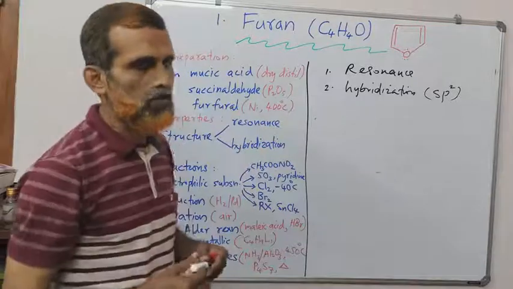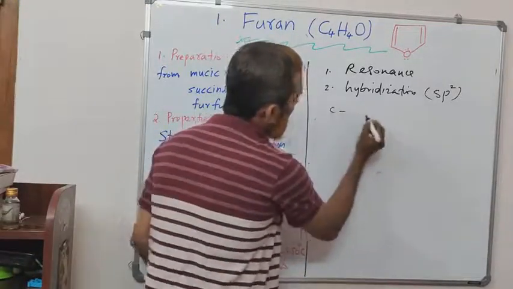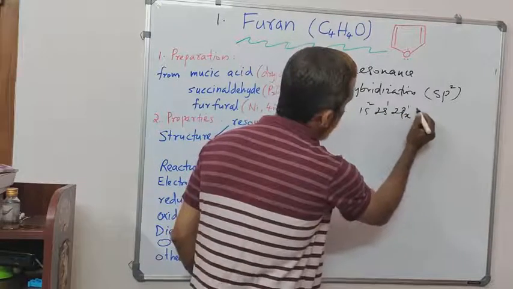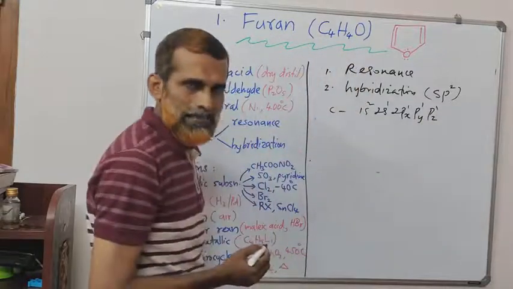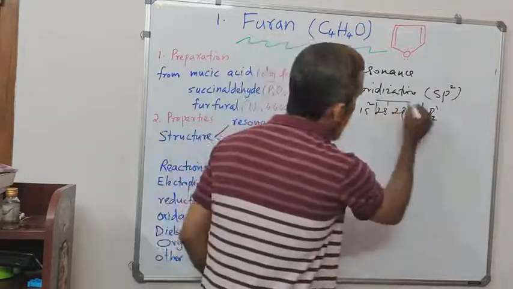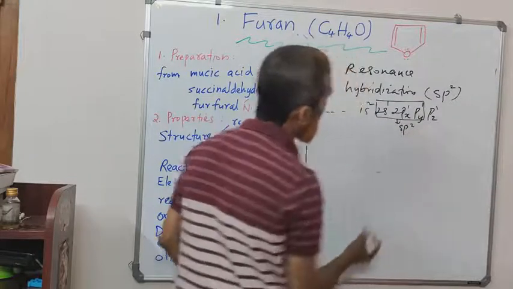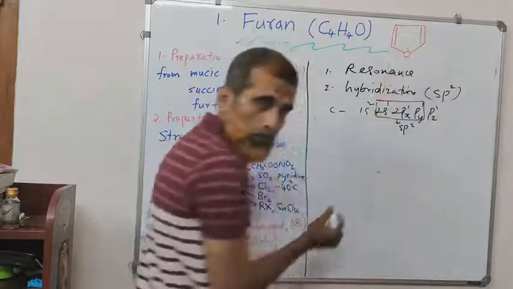So that's very simple to understand. Let us explain now. So, carbon, we know 1s2, 2s1, 2px1, py1, pz1. That is the excited state configuration, and this is how they mix up for sp2 hybridization. So all 4 carbon atoms here are in sp2.